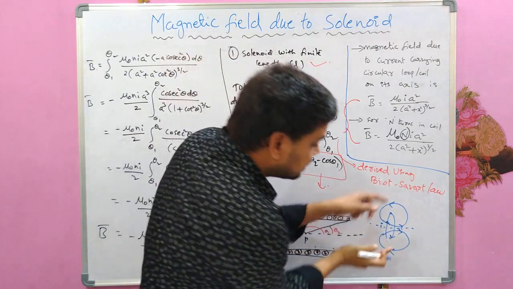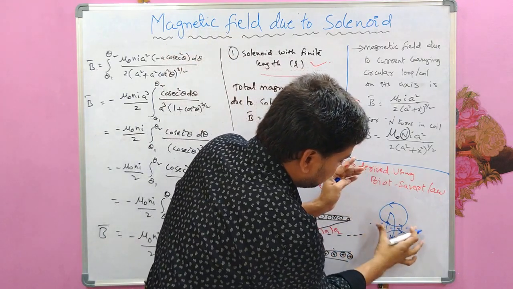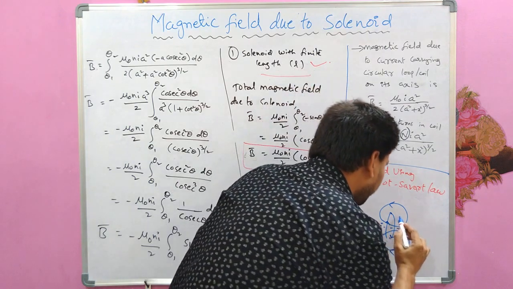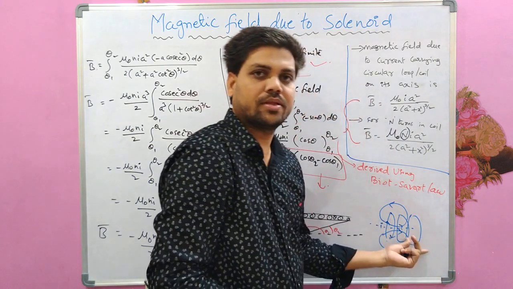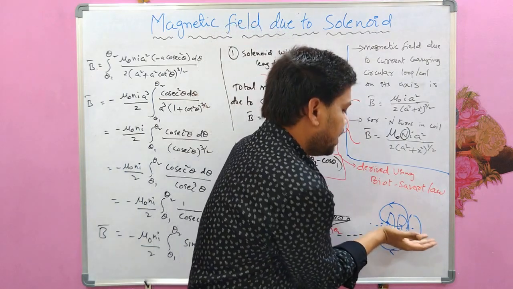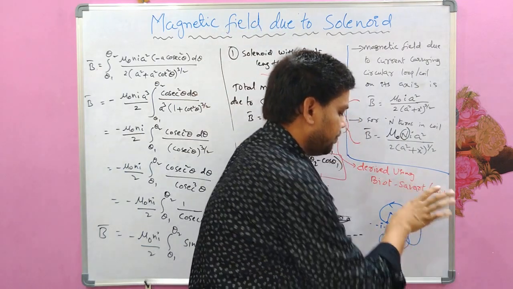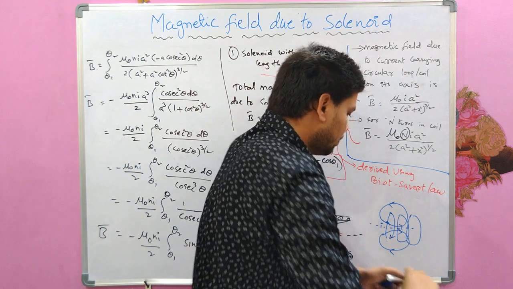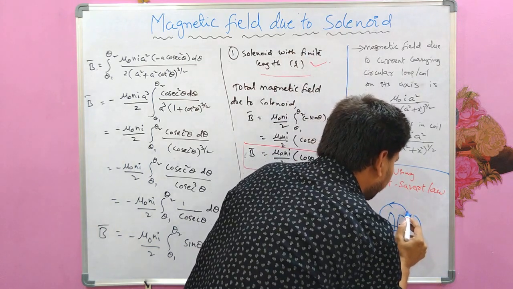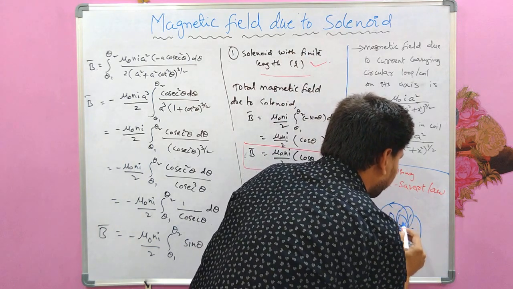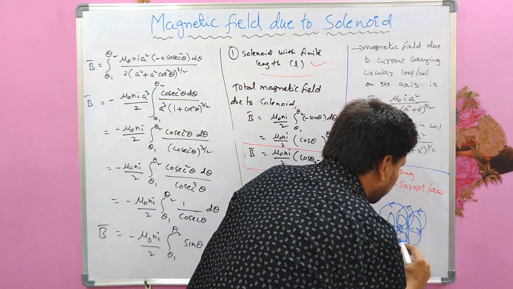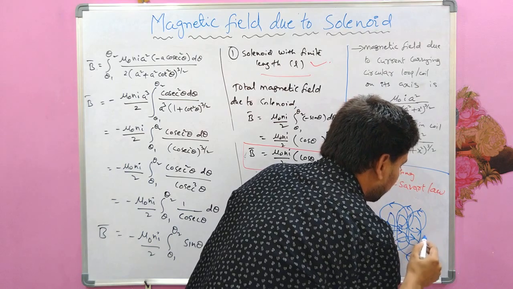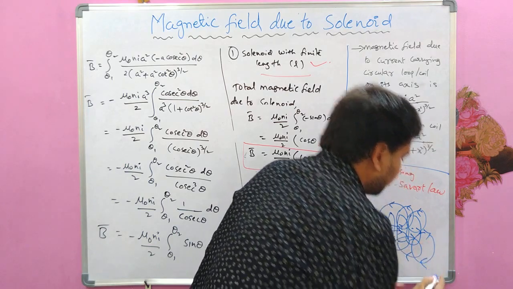Now if you see inside this solenoid, along this line, even if you take any number of turns, everywhere the magnetic field will be like this only. For this it will be like this, for this like this.